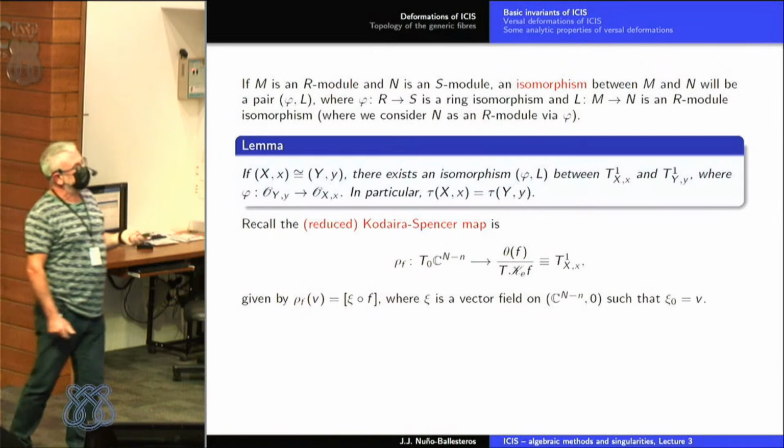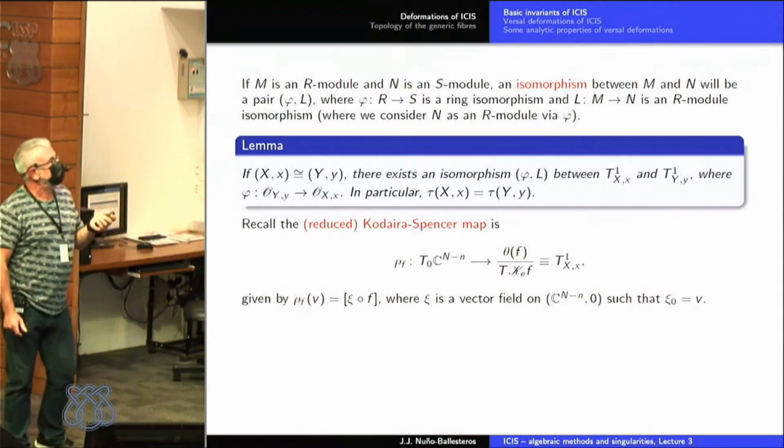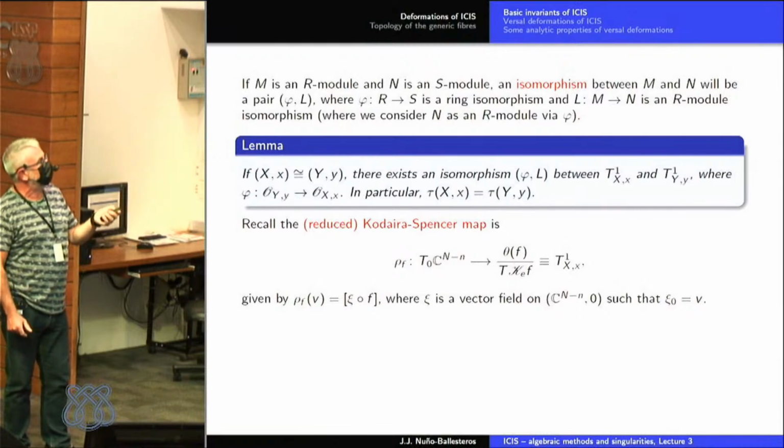Okay, one more invariant, which is important, is the so-called reduced Kodaira-Spencer mapping. So by definition, given F, rho F is the mapping from the tangent space to C^n at the origin to the T1, and is given by this definition.